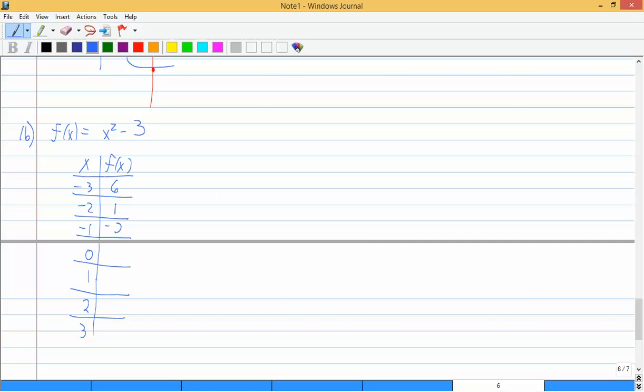That's negative 2. If I plug in a 0 here, I get negative 3. If I plug in a 1 here, I get negative 2. Plug in a 2, you get 4 minus 3 is 1. Plug in a 3, you get 9 minus 3 is 6. Alright, and so you can sketch that on the provided graph.